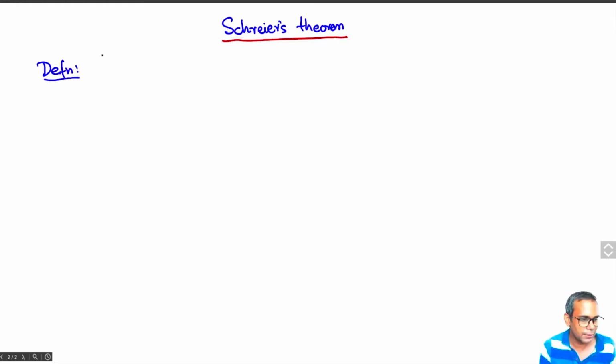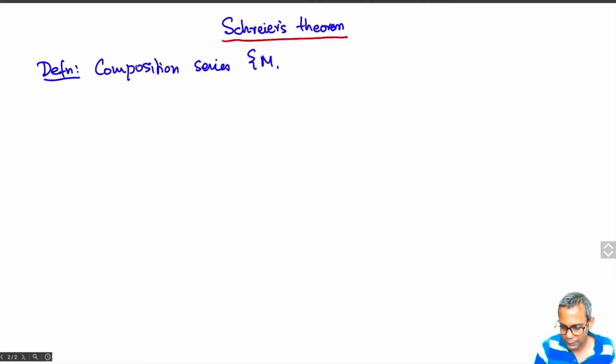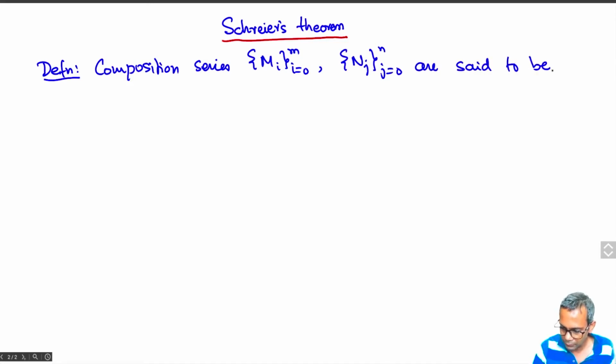So two composition series, let's say the first one is M_i, i goes from 0 to m, and the second one N_j, j goes from 0 to n, are said to be equivalent basically if their quotients are the same.